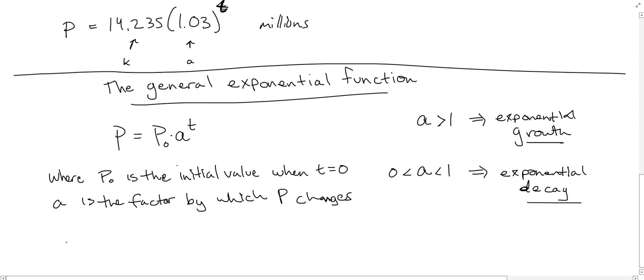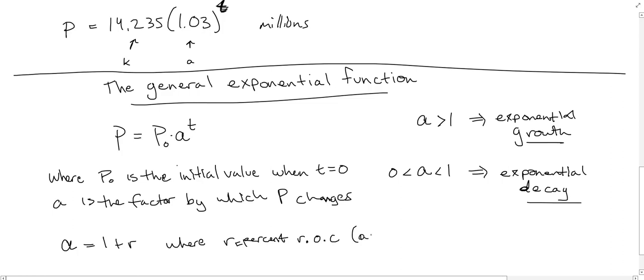And then one last thing to mention here in general, the factor a can be written as 1 plus r. This is where r is the percent rate of change. So r equals the percent rate of change, in decimal form.